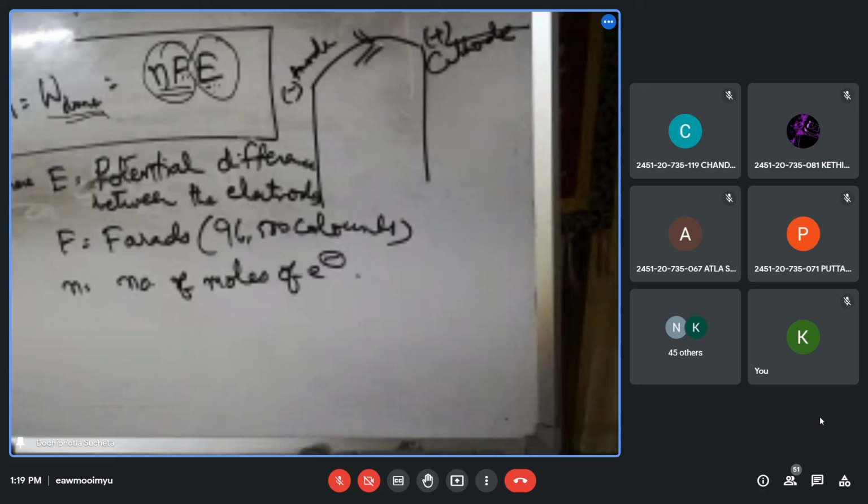Cell 3, silver copper. Predict which cell has greater output or maximum output.